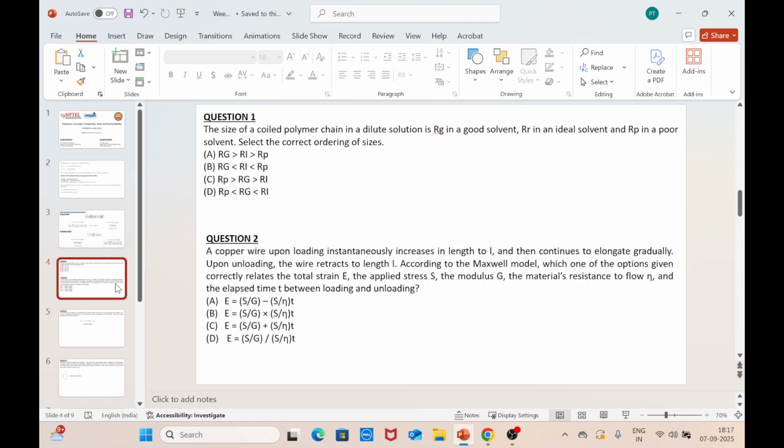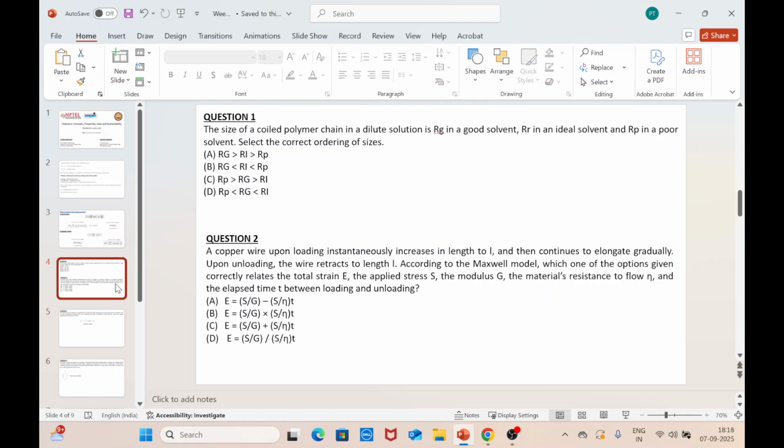This is something that we discussed in the last interaction session, but I think this is not that difficult. So let's see. The question goes somewhat like this.